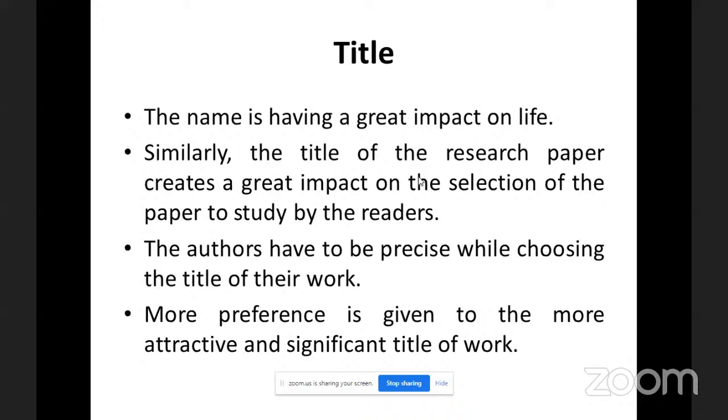But it is better if your title uses the full form of the method. Try to incorporate the full forms of these methods to make the title clearer. It's not a rule, but it is preferable that you use the full forms of the methods or techniques which you are utilizing to solve a particular problem.